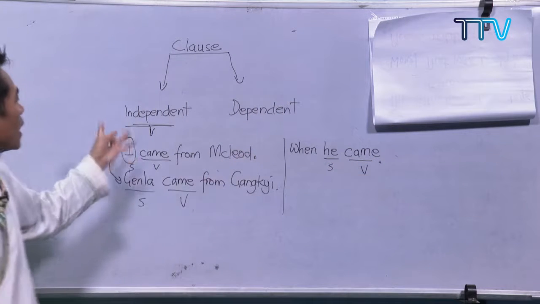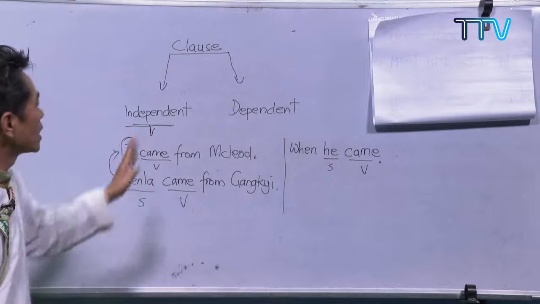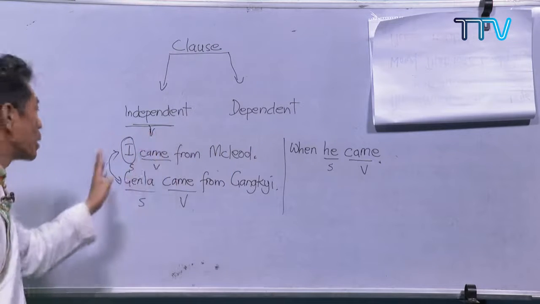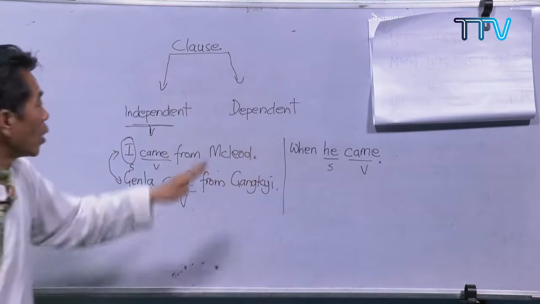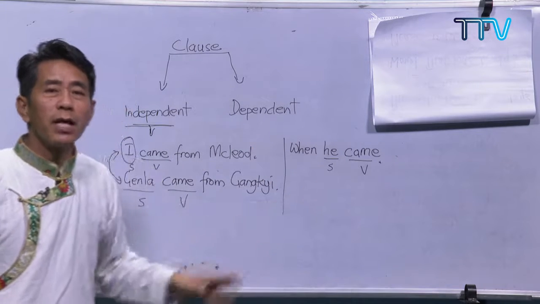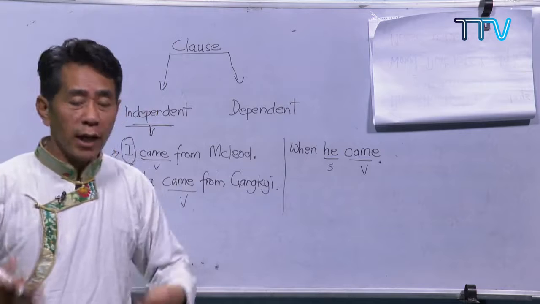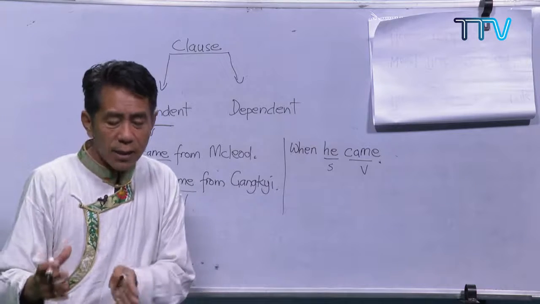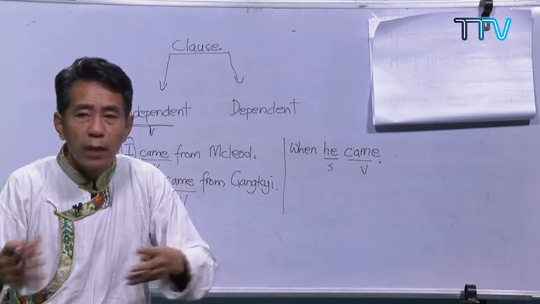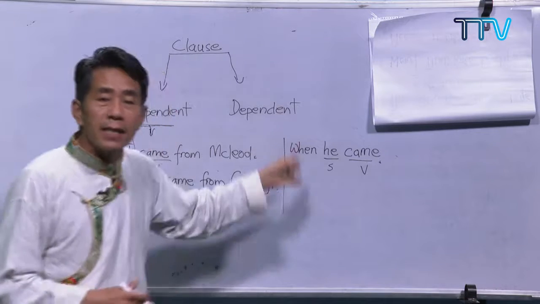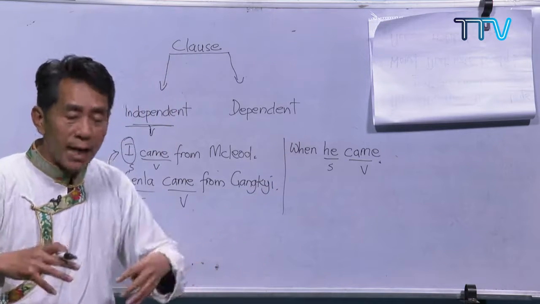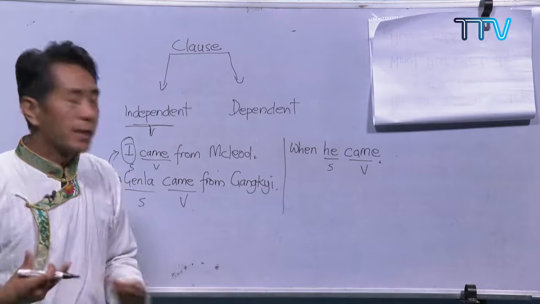But if we ask whether this is a dependent clause or an independent clause, we say that this is dependent. When he came, you see, it does not make a complete sense. When he came, there is some kind of pause. So what happened? In order to make this complete, it has to depend on another sentence.